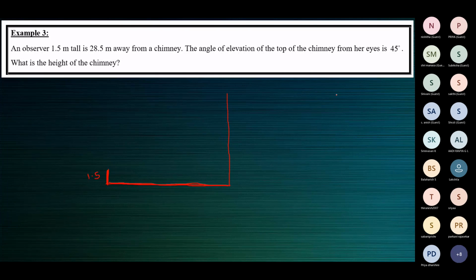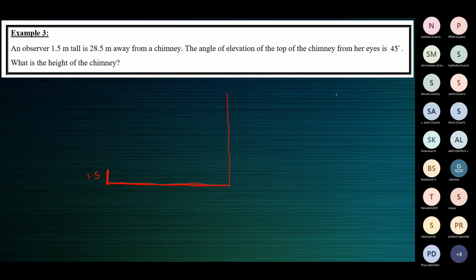See the angle of elevation. What is elevation? Elevation is measured when the object observed is at a higher level than the eye of the observer. When the point or the position observed is at a higher level when compared to the observer, then the angle measured is called the angle of elevation.